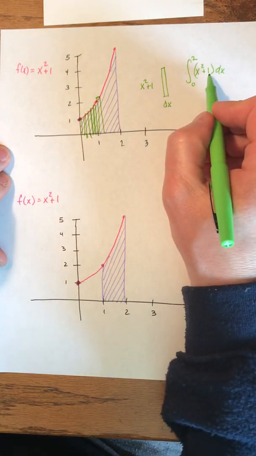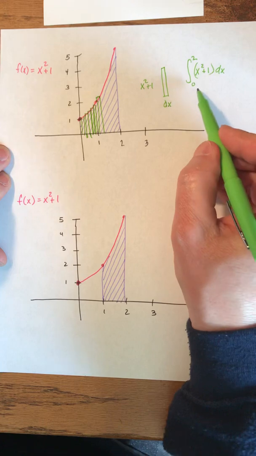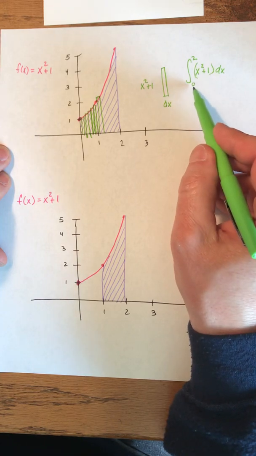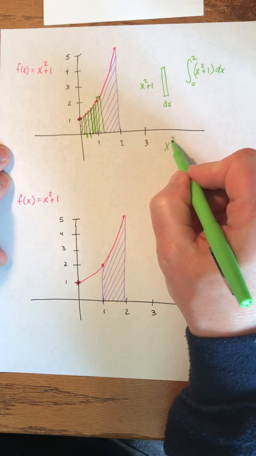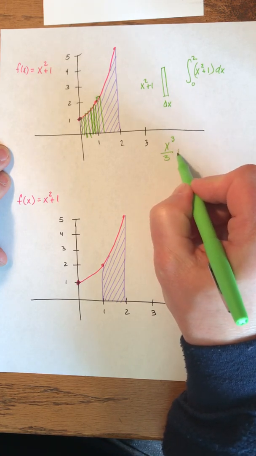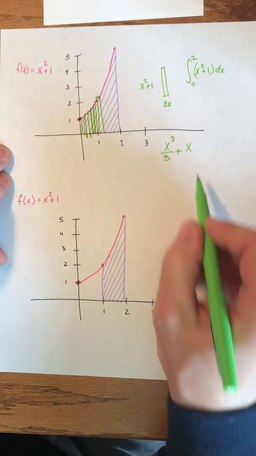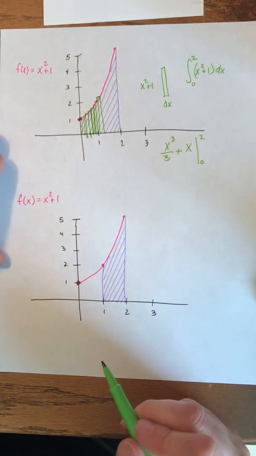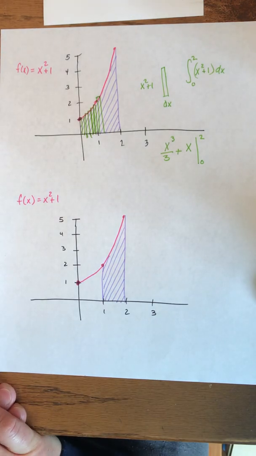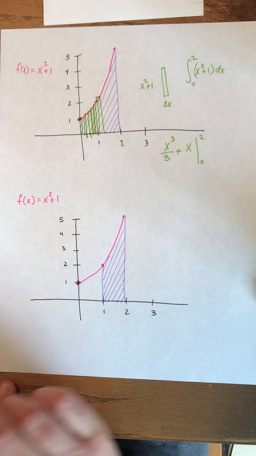We're going to do our antiderivative, and then we want to evaluate it for all of the area in between 0 and 2. So if I take the antiderivative, I'm going to get x to the third over 3 plus x. This time I don't need a plus C because I'm going to actually evaluate it for certain values of x. And this is the notation.